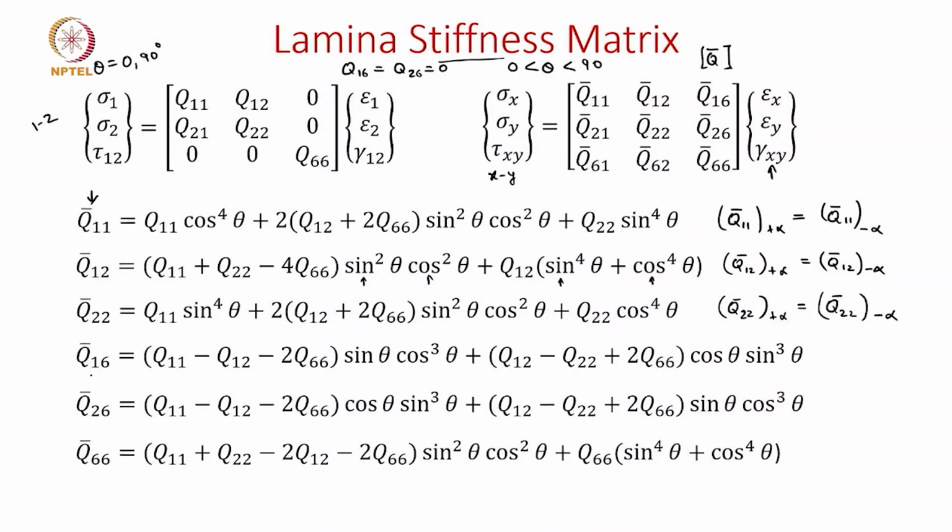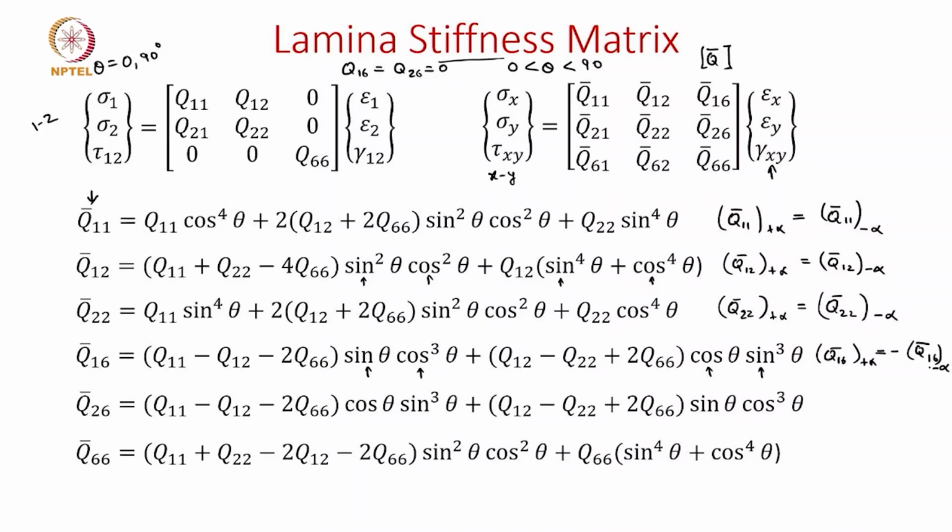But now when we look at Q16, we see that the power for the sine is 1, the power for the cos is cube, and here too we have cos and sine. So what it means is these values will be different depending on whether the lamina orientation is plus alpha versus minus alpha. And the relation is Q16 bar for plus alpha will be minus of Q16 bar with minus alpha.